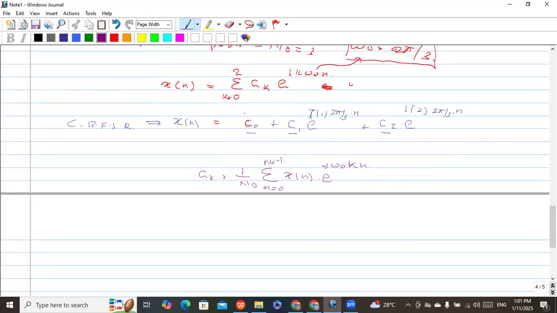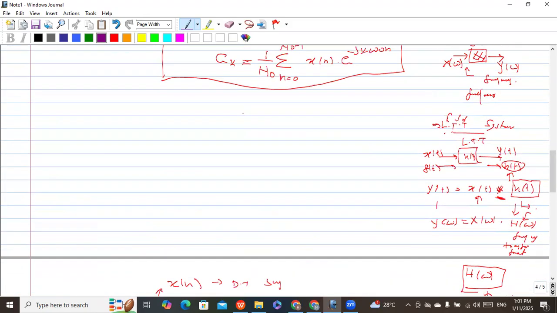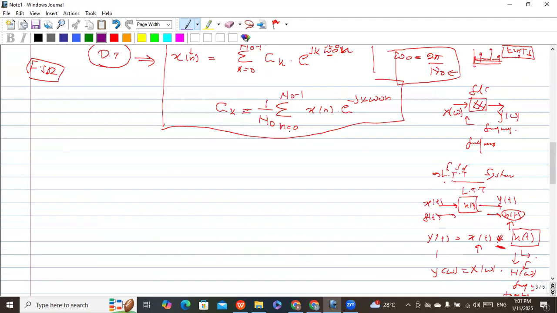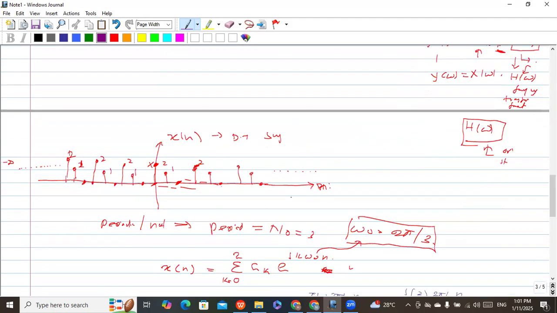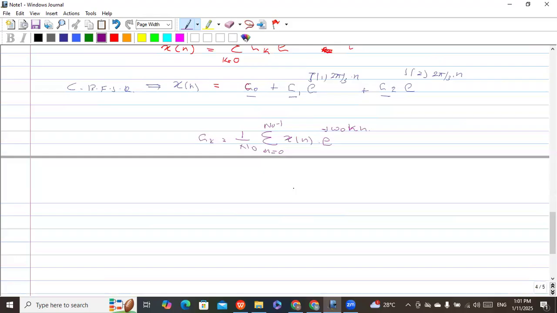That is the equation we have written, no? So you have to apply this identity to calculate these Fourier coefficients.